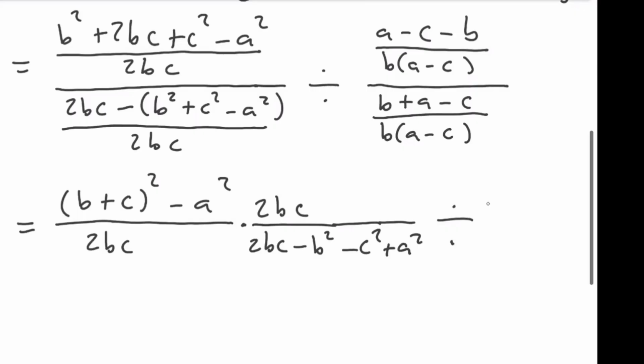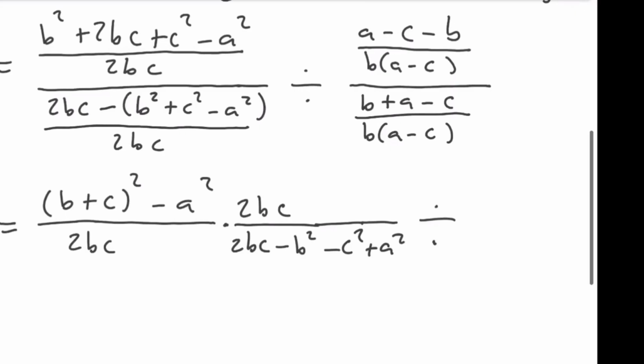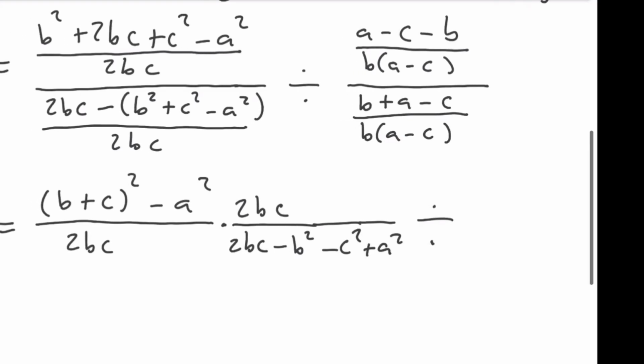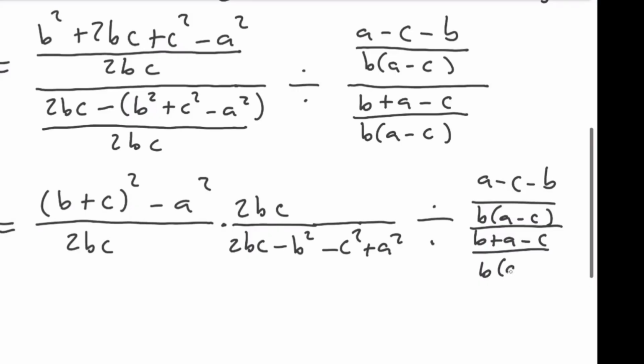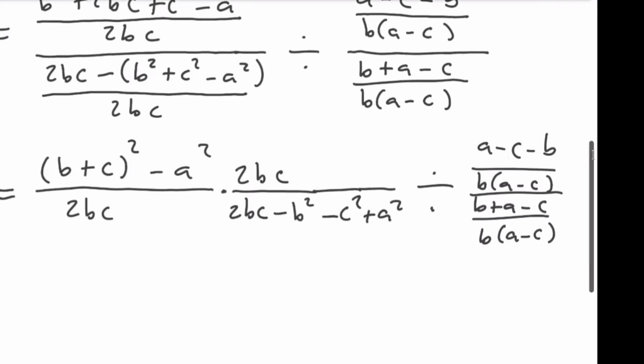I don't think I have enough space, maybe, let's see, well, I'll just keep it like this, a minus c minus b over b times a minus c over b plus a minus c over b times a minus c. All right, now the reason I can do that is 2bc over 2bc turns into 1.